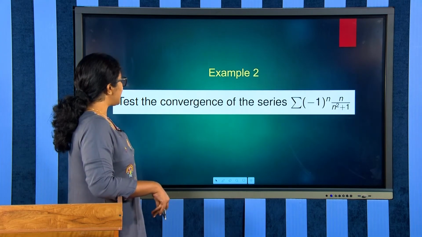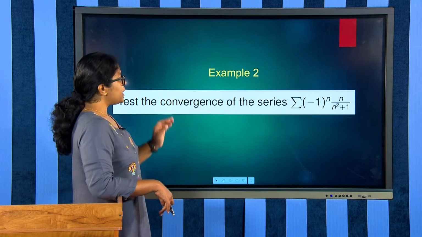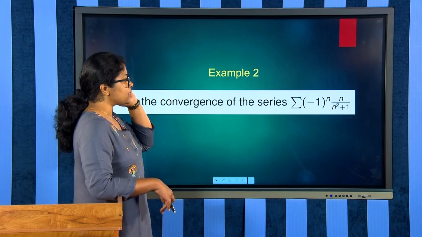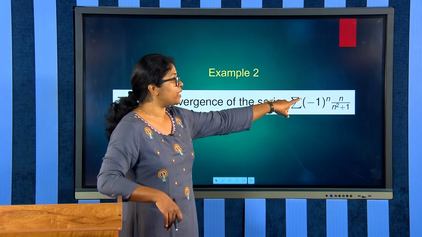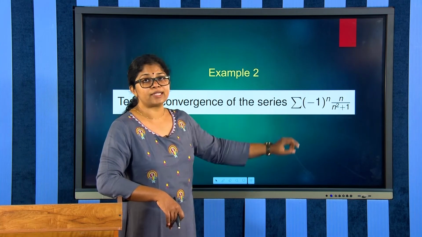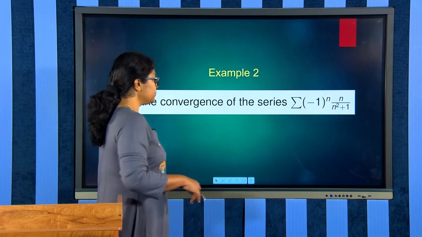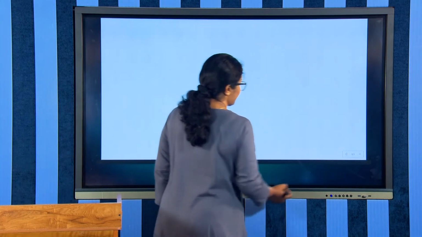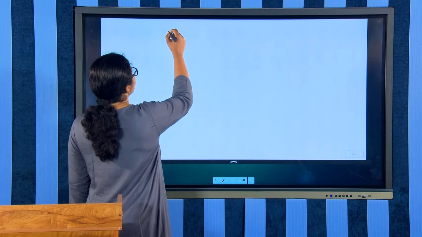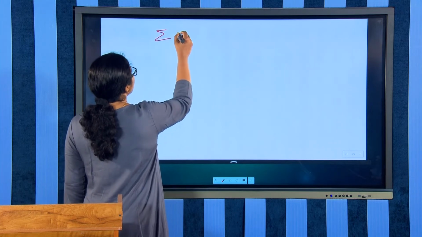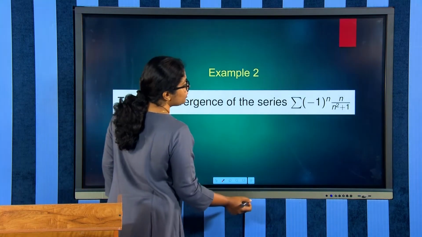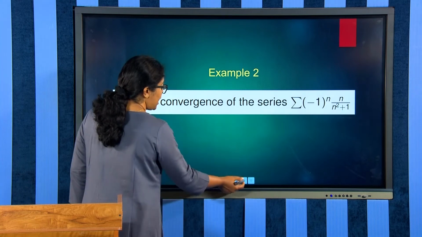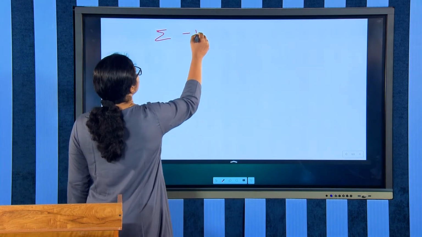Now, the second example is: test the convergence of the series summation negative 1 power n upon n square plus 1. So again we can see using the Leibniz test what happens. The question I will read once more: minus 1 power n upon n square plus 1.